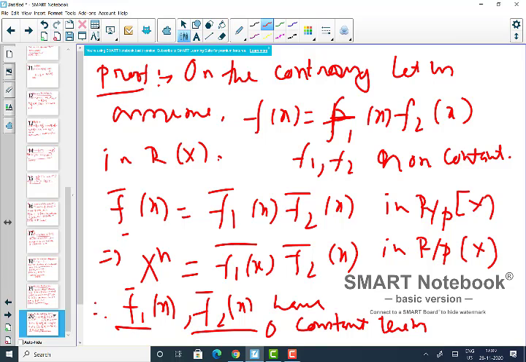Okay, so once they don't have a constant term, what can you say? The original factors f1 and f2 have constant terms that must be elements of P. That's why when you go modulo R mod P, they become 0.